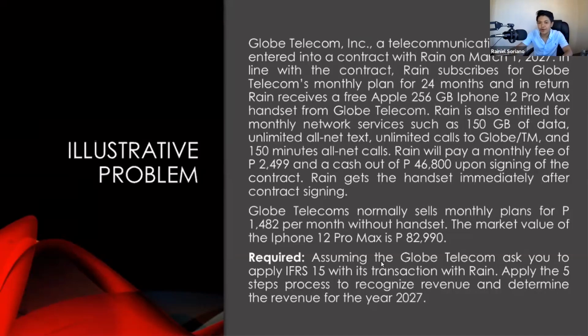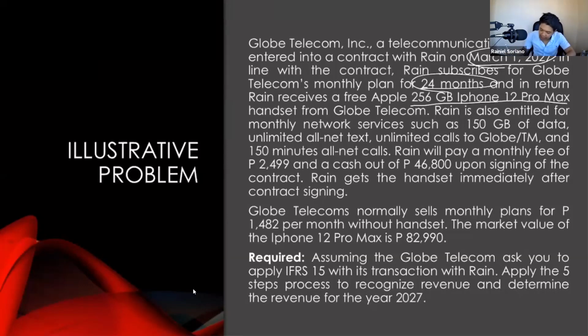Okay? So, here, Globe Telecom Incorporated, a telecommunications operator, entered into a contract with Rain on March 1, 2027. In line with the contract, Rain subscribes for Globe Telecom's monthly plan for 24 months, and in return, Rain receives a free Apple 256GB iPhone 12 Pro Max handset from Globe Telecom.